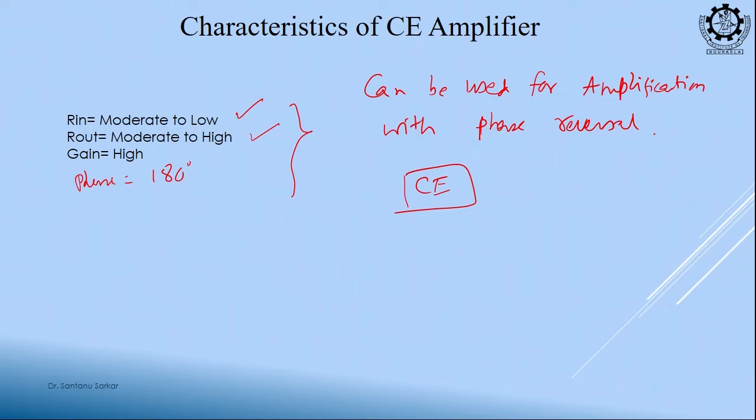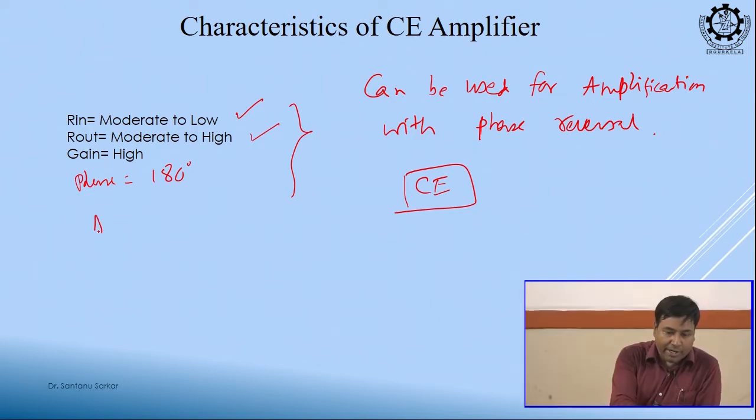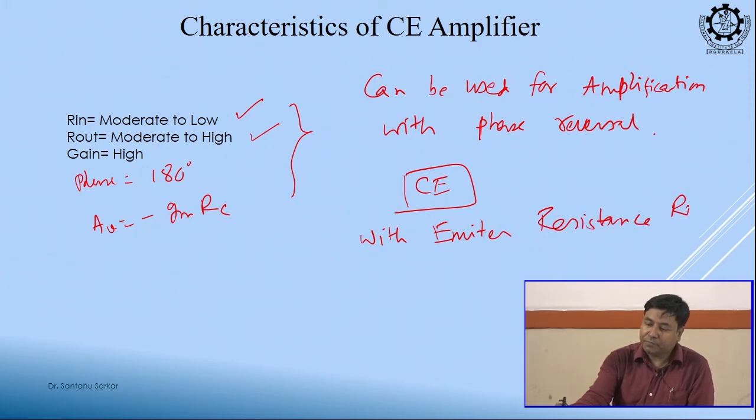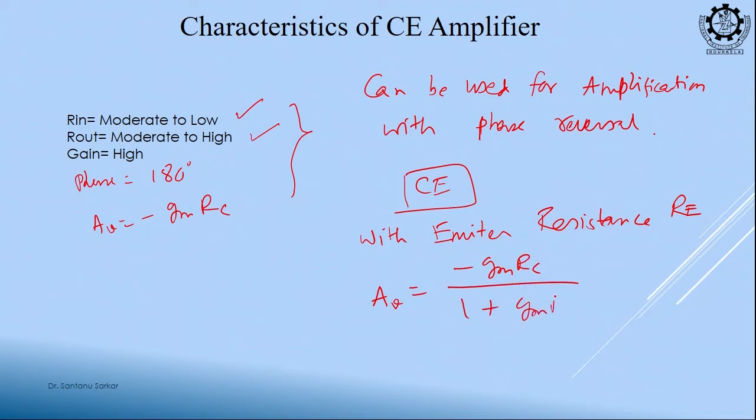So, what we arrived at is that without emitter resistance AV is equal to minus GM RC, and with emitter resistance AV is reduced by 1 plus GM RE times. Okay. So, the emitter resistance is actually decreasing your gain.